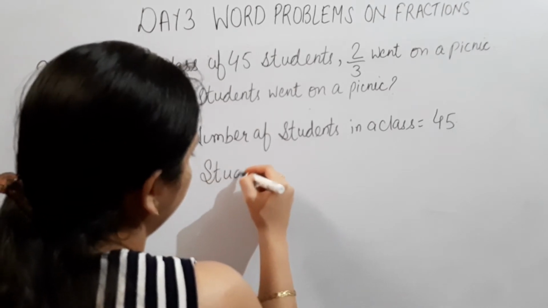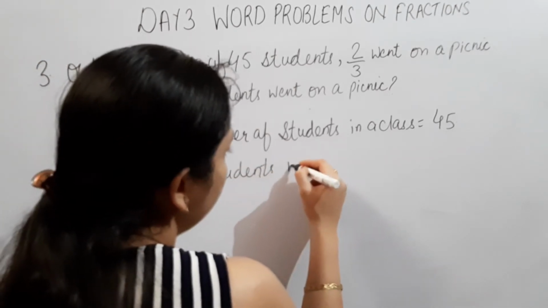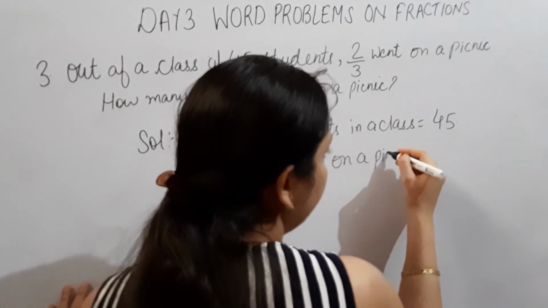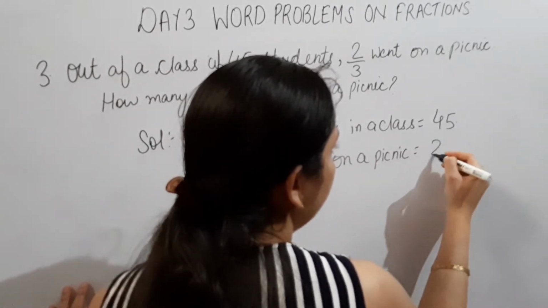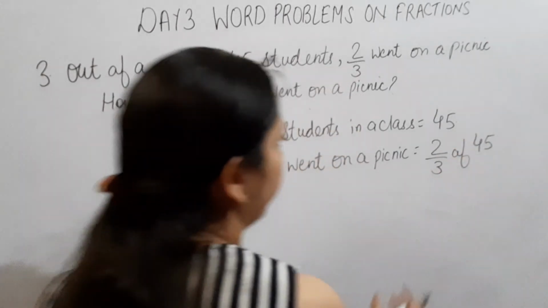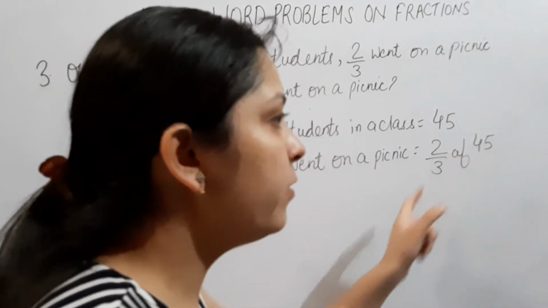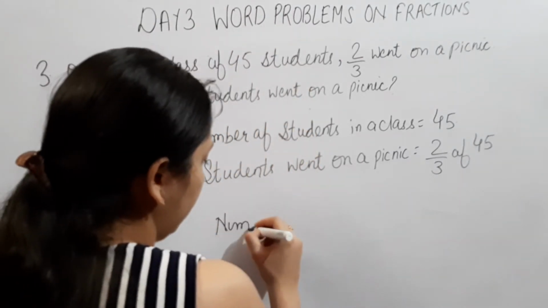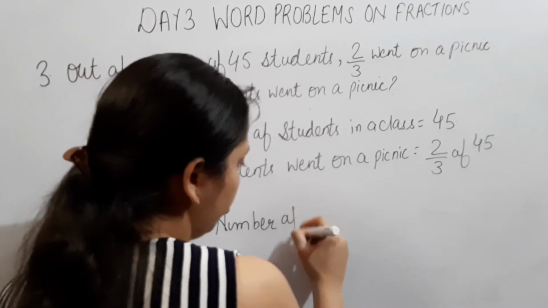Students who went on a picnic is equal to 2/3 of 45.